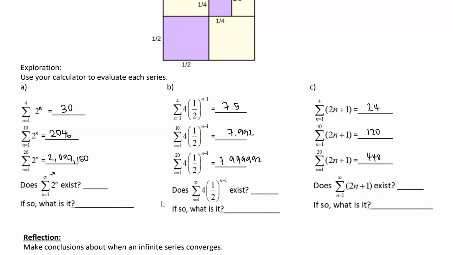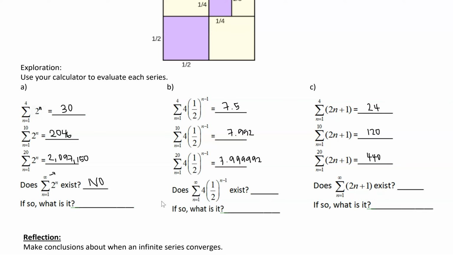Does it approach a number? I am blowing up each time, getting bigger and bigger. So this one is not going to exist because I'm not going to be able to calculate that sum. It's going to go to infinity. It's not going to be a finite value.